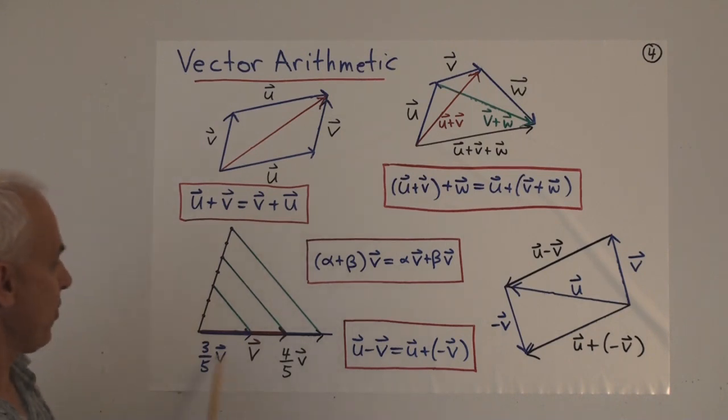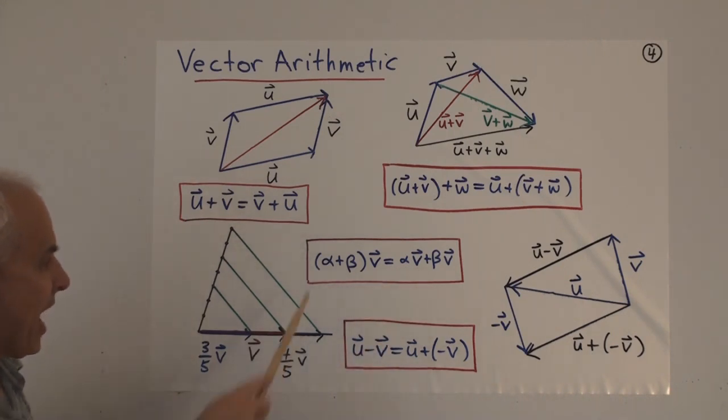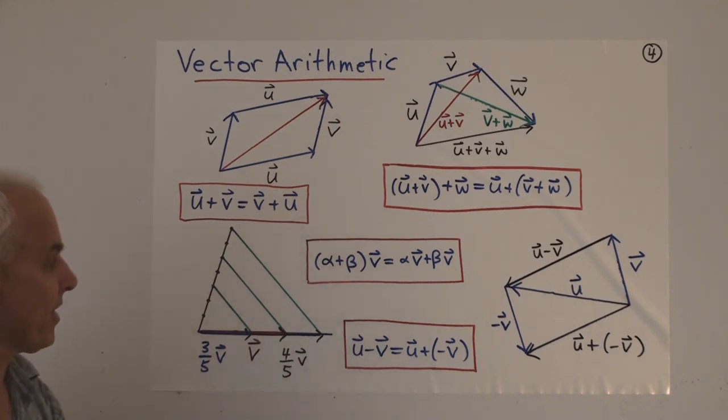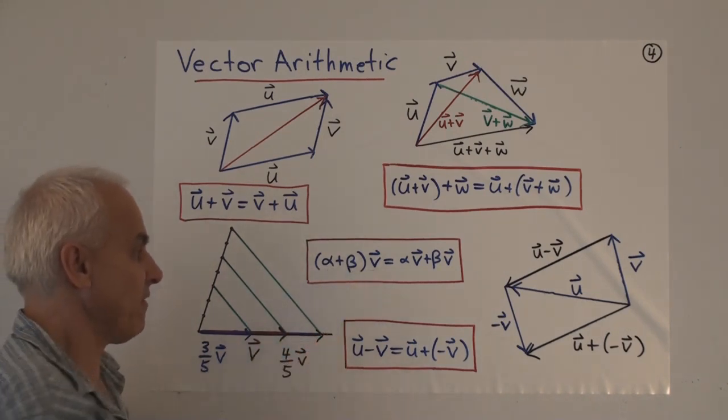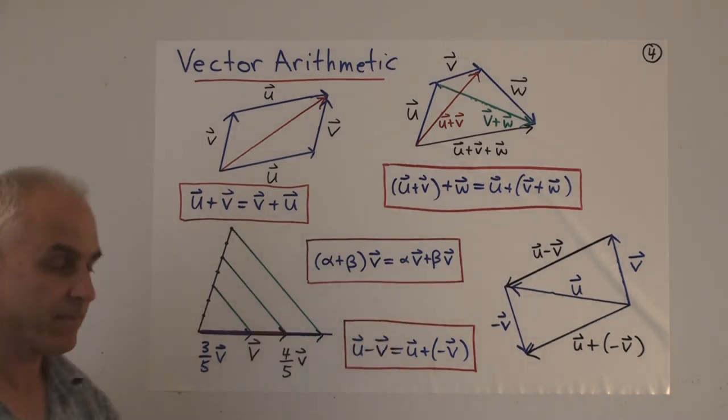Over here we've got a diagram illustrating this distributive law. Alpha and beta are rational numbers. V is a vector, and we're saying that alpha plus beta times v equals alpha v plus beta v.